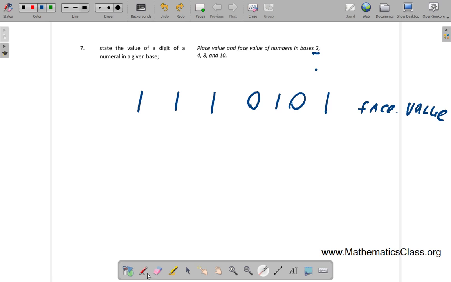Now, what about what is called the place value? All right, the place value.